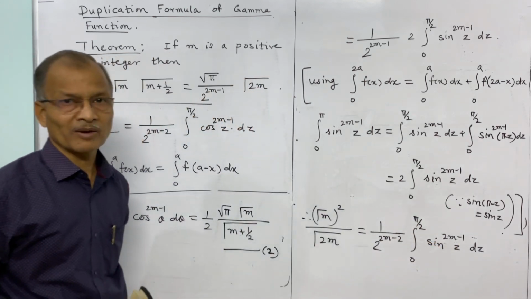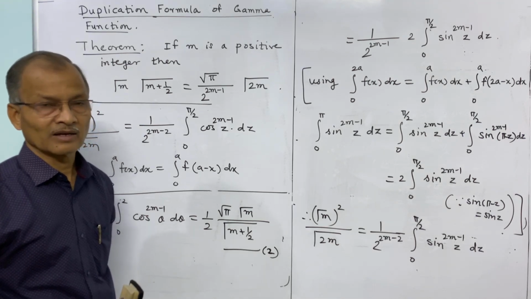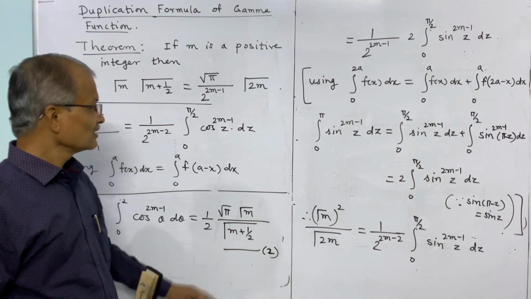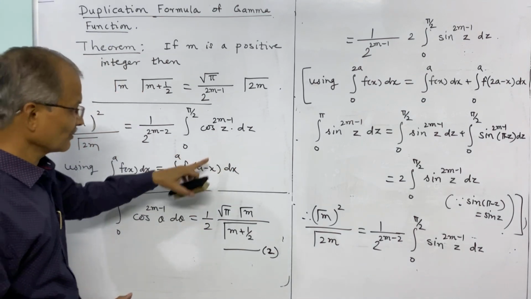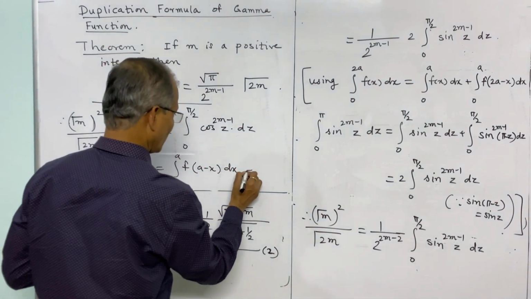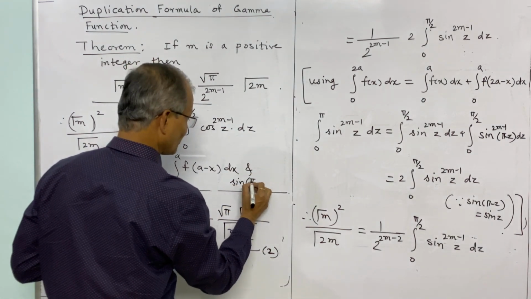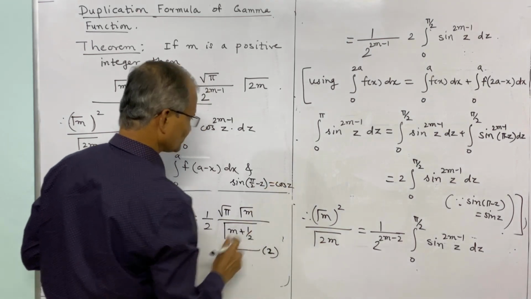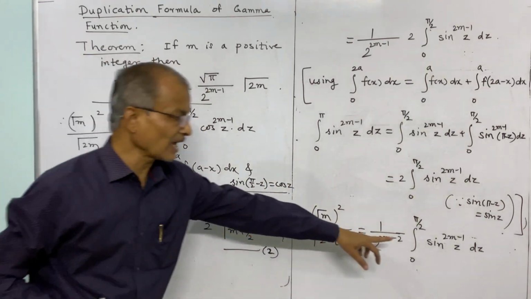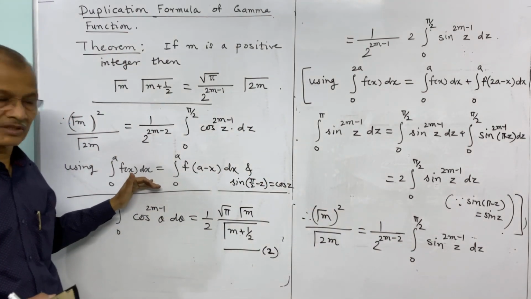And what is sine of pi by 2 minus z? In the first quadrant of the angle, that is cos z. Sine of pi by 2 minus z is cos z, and therefore it is written in terms of cos. So this sine becomes cos here, under the same power, and the limits are the same, using this property.